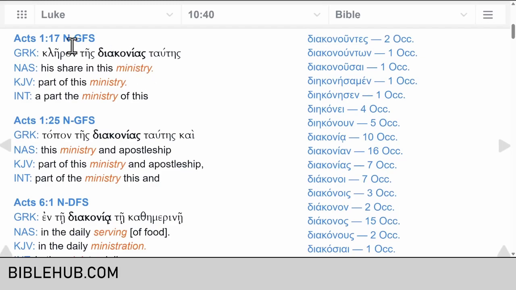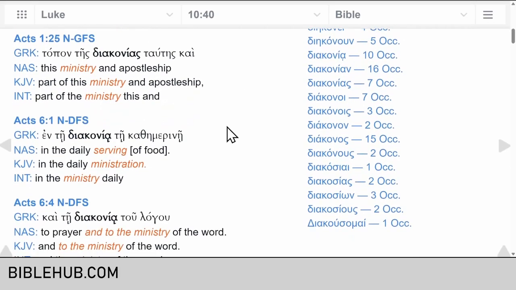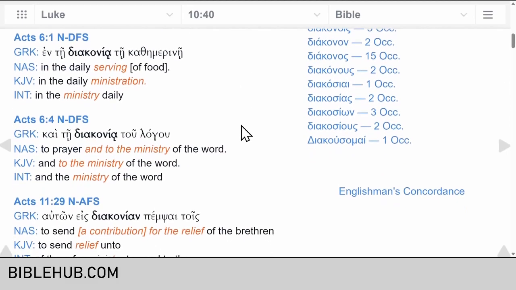There is in Acts 1, verse 17, talking about Judas, the share in this ministry. So the apostleship. In Acts 1:25, this ministry and apostleship. So same context there.